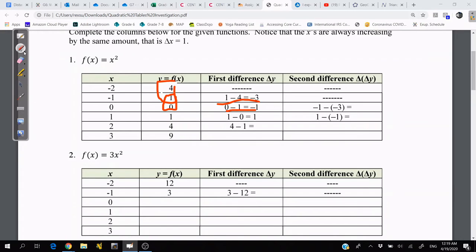Then they went to the second difference, the change in y. Change in y is here, so how much did this change? If I go end minus start, that's -1 minus -3, which is -1 plus 3, which is 2. And I can see that if I look here, these went up 2, so it connects.